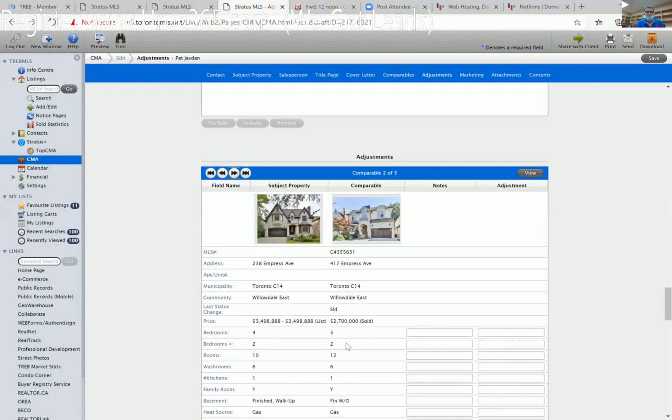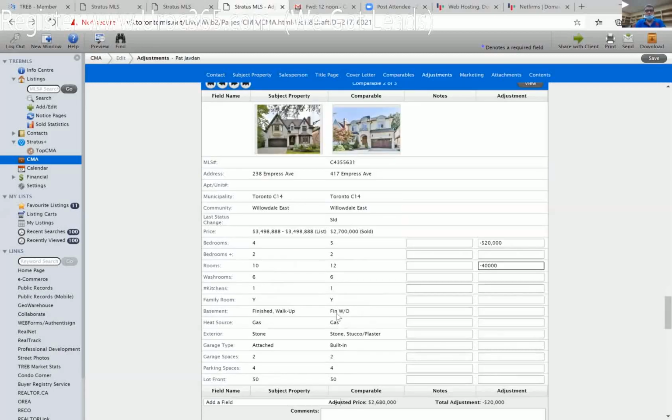Bedrooms 5, adjust 20,000 minus. 12 rooms, 40 minus 40. Finished work out, finished work out.